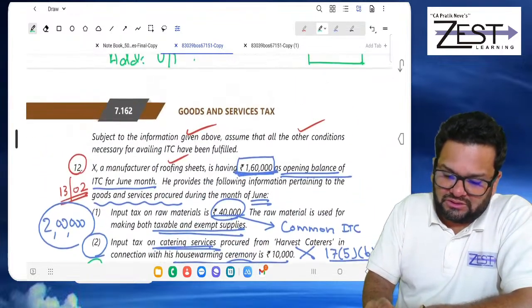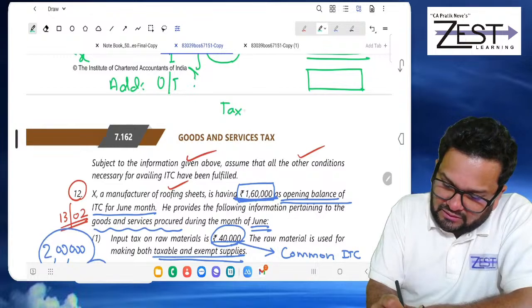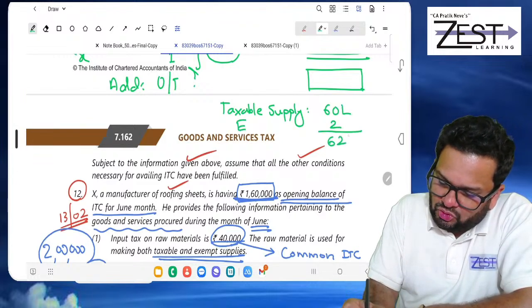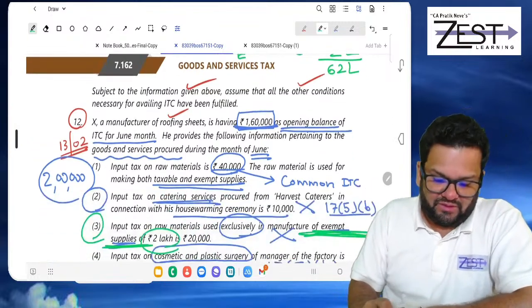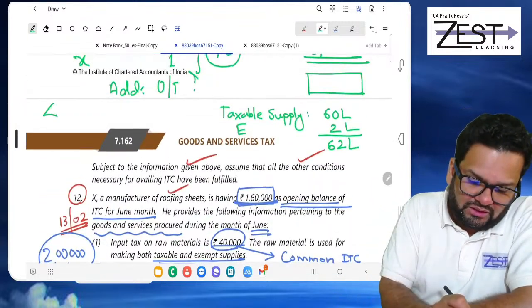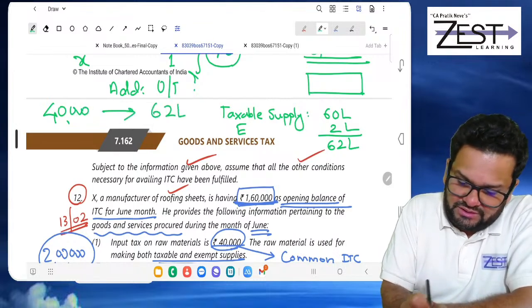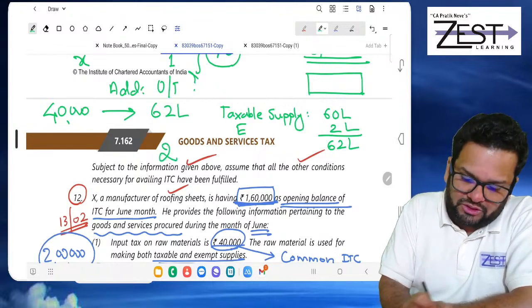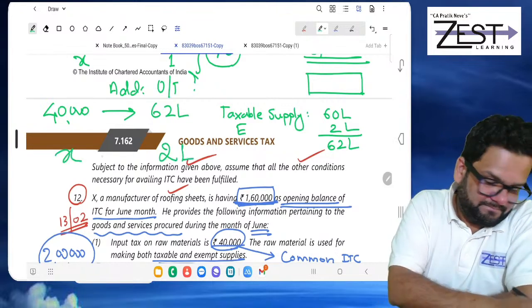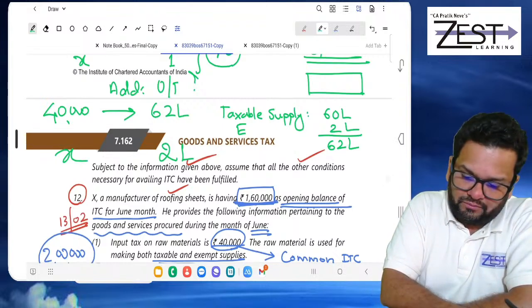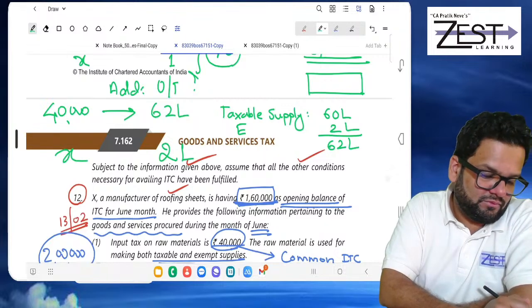So in short, taxable supply in the given question is 60 lakh and exempt supply is 2 lakh. So total is 62 lakhs. In short, 40,000 worth of raw material is used for 62 lakhs. So how much for that 2 lakhs? So 40,000 into 2 divided by 62.